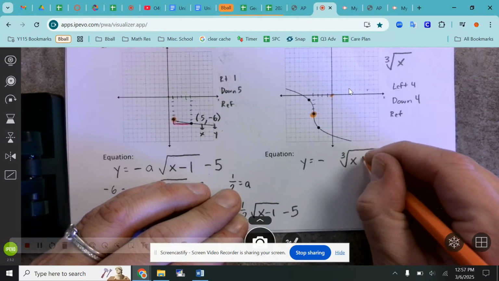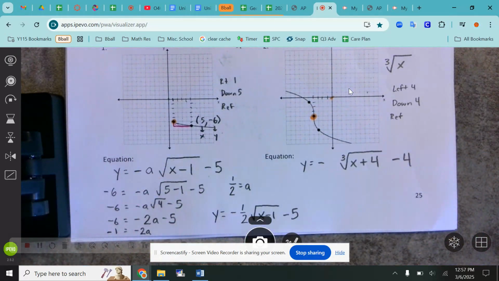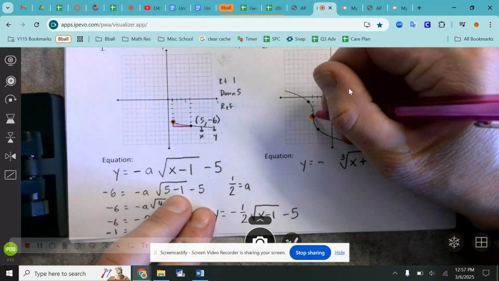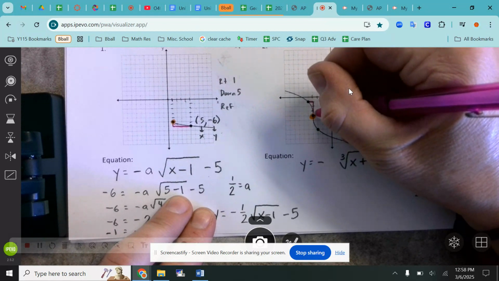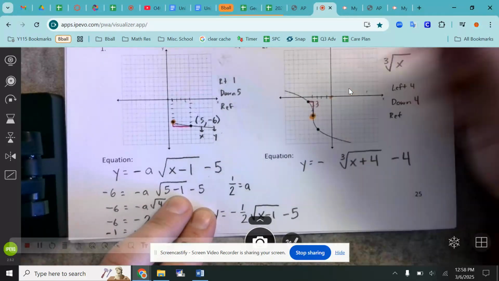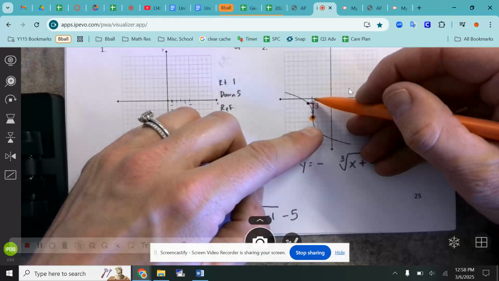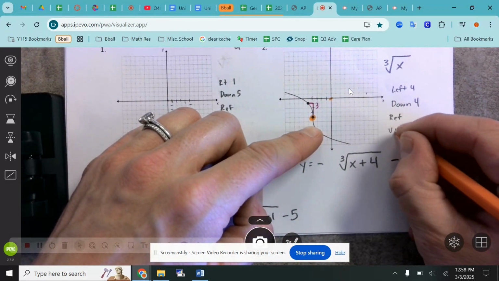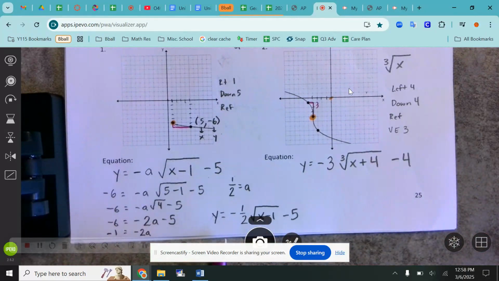X, left 4 would be a plus 4, down 4 would be a minus 4. And if we look at that pattern, when I go up 1, 2, 3, I went left 1. So, guess what that means? That means my graph vertically expanded by 3. Put a 3 there and you're done.